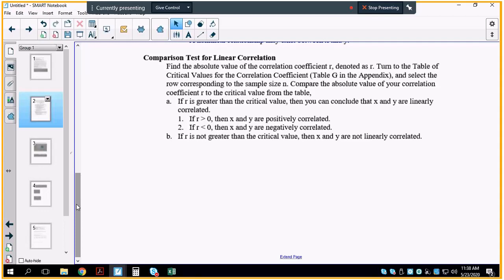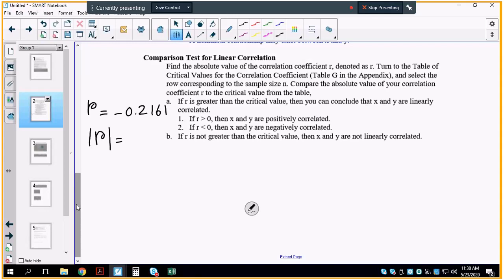Remember, absolute value is going to help you get only the positive portion of the number. So for example, say my r is equal to negative 0.2161. If I take the absolute value of r, I'm going to get the absolute value of negative 0.2161, and that will indeed become 0.2161.